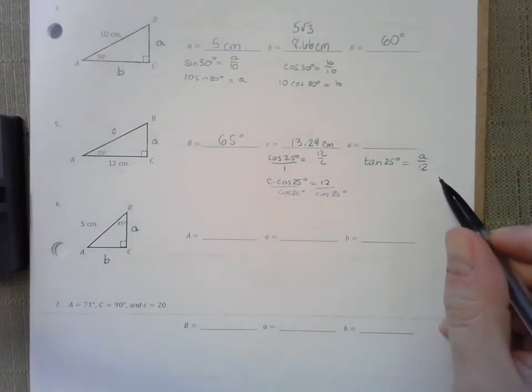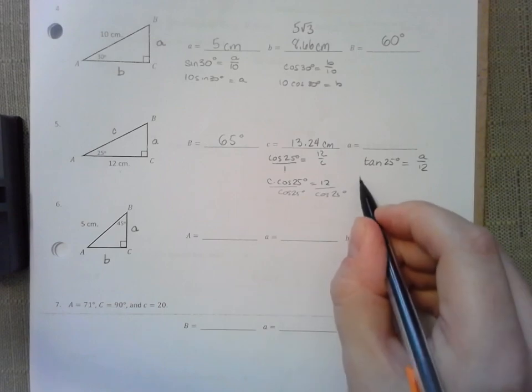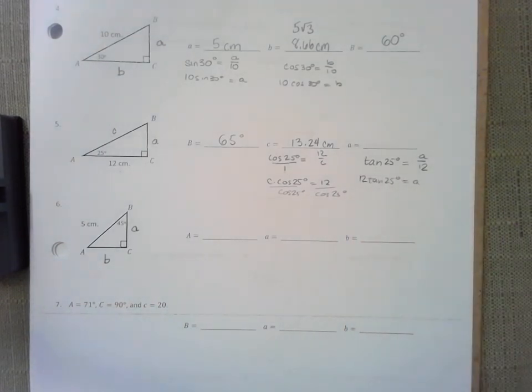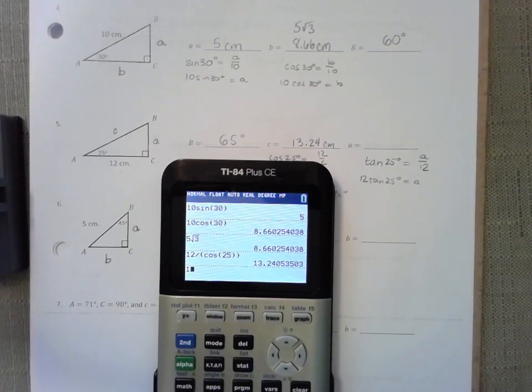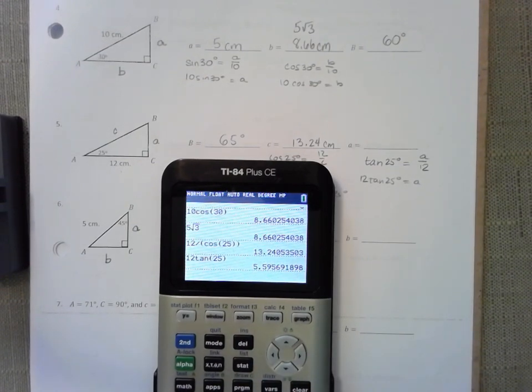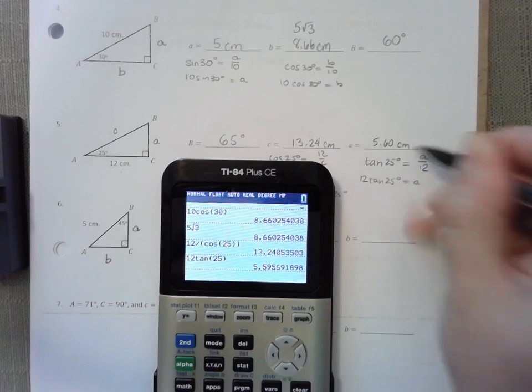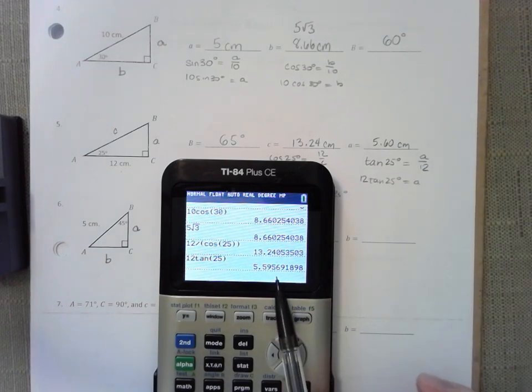All you're going to need to do is to multiply both sides by 12. 12 tangent 25 degrees equals A. Using this calculator, 12 tangent 25 degrees, we get approximately 5.60. Please round correctly, centimeters. It's because our next digit, our thousands place, is a 5. We're going to round this up, which rounds this up again.